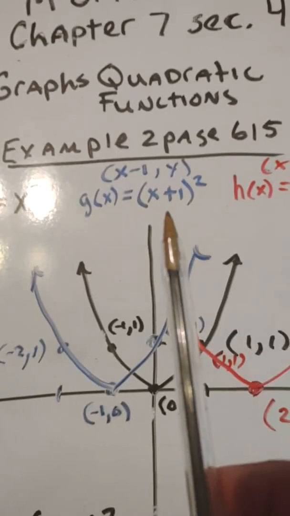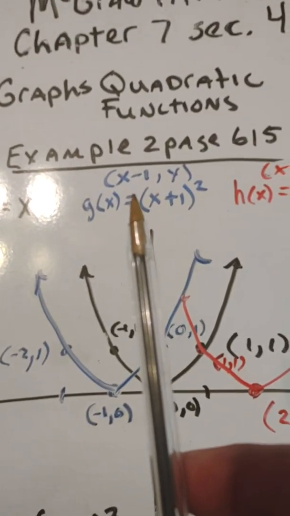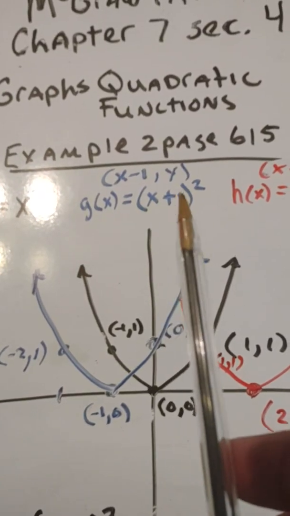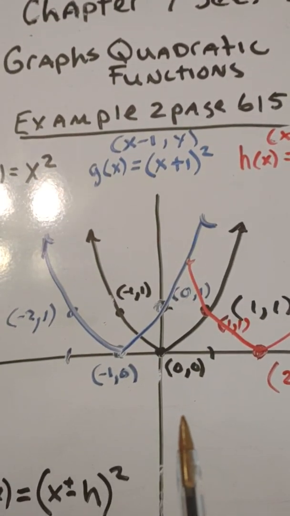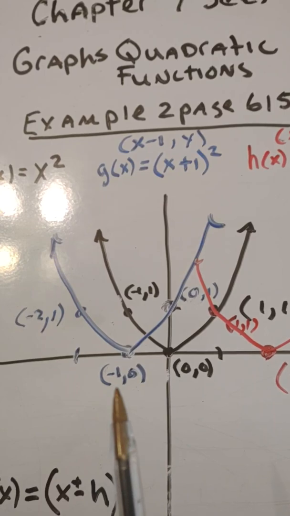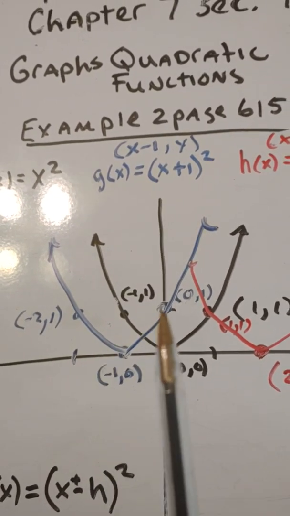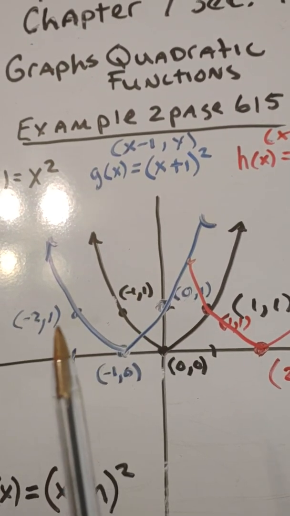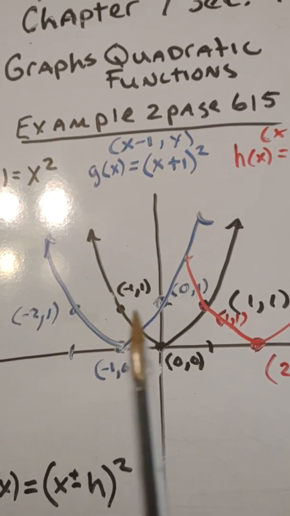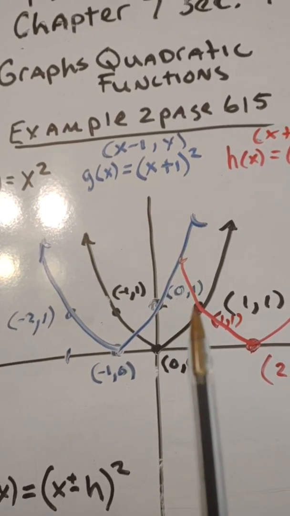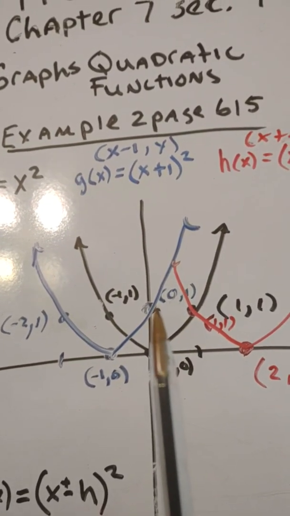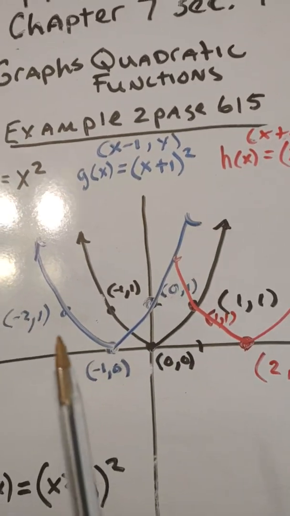We're going to do the opposite of this sign. So we're going to always subtract 1 from x when this situation happens. Nothing happens to y. So if I subtract 1 from here, I'm at negative 1, 0. If I subtract 1 from here, I'm at negative 2, 1. And if I subtract 1 from here, I'm at 0, 1. So there's the blue graph.